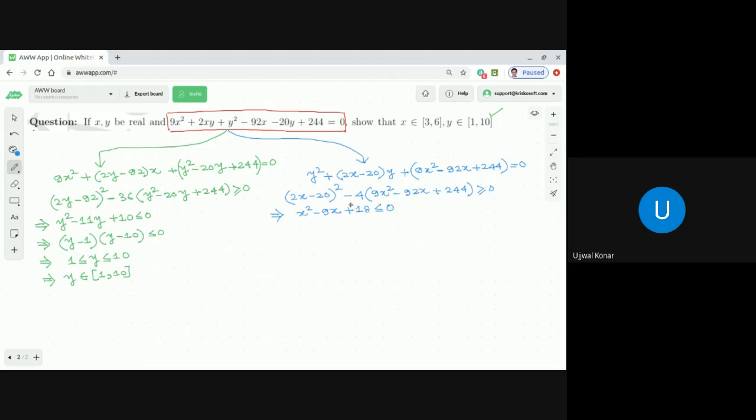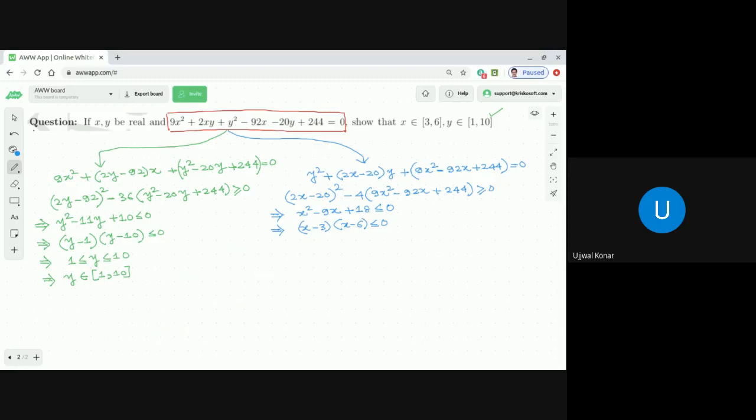If we make a middle term factorization, by splitting the middle term, you'll get x minus 3 into x minus 6 is less than equal to 0. The same discussion, dear students: x minus alpha into x minus beta less than equal to 0, then x is between the minimum of alpha and beta and the maximum of alpha and beta.